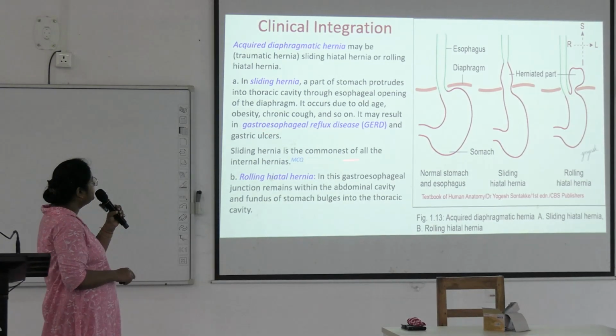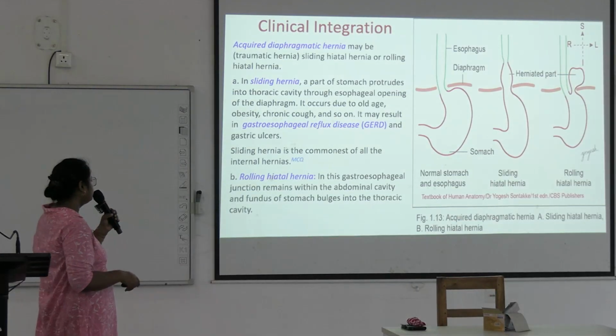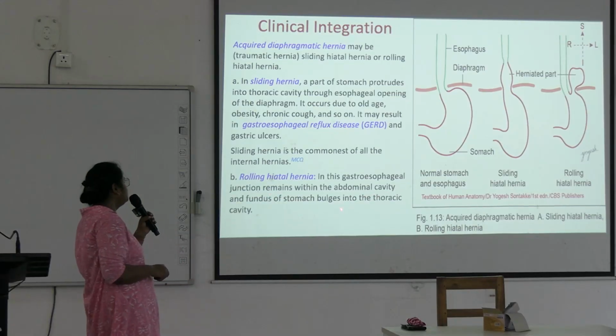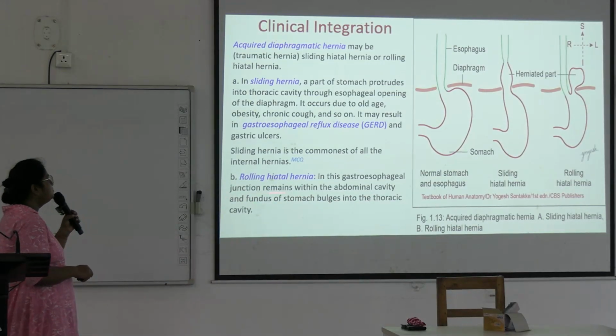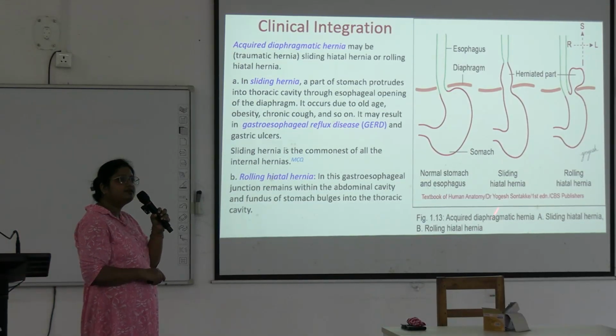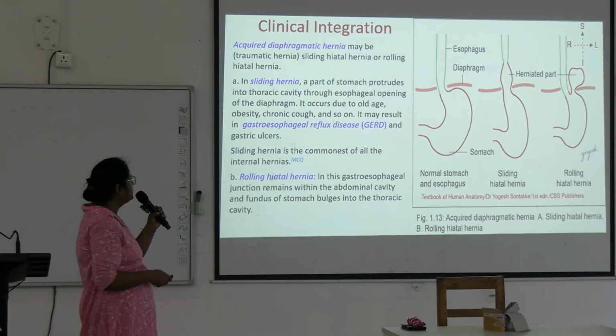Sliding hernia is the commonest of all the internal hernias. Next is rolling hiatal hernia. In this, the gastroesophageal junction remains within the abdominal cavity, and the fundus of the stomach bulges into the thoracic cavity. So these are the differences between sliding hernia and rolling hernia.